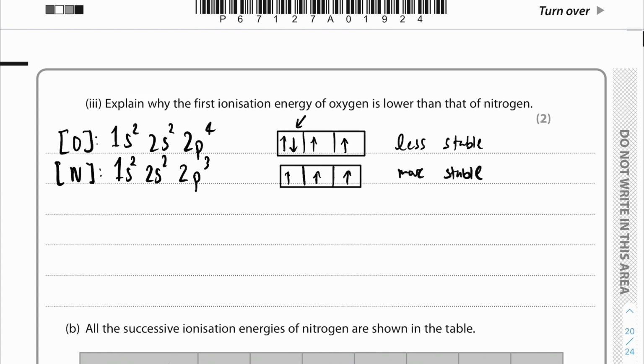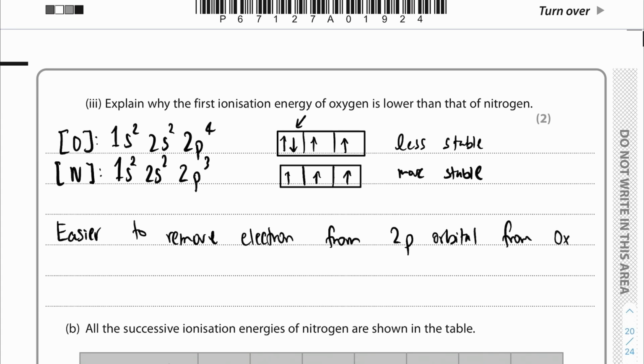So we can say that it's easier to remove an electron from the 2p orbital of oxygen, since it has a paired, full orbital. So less energy is required, because of spin repulsion.